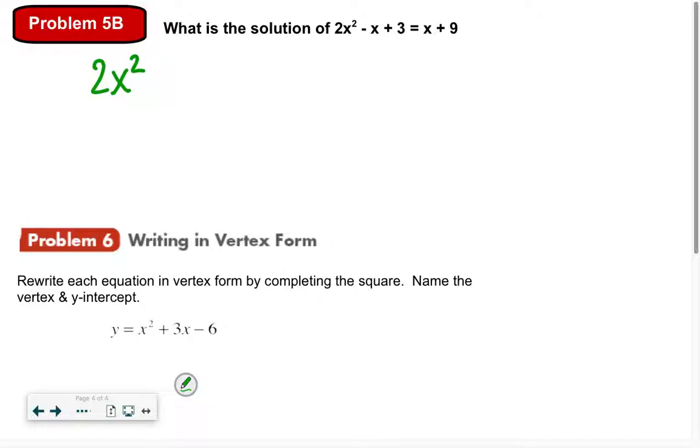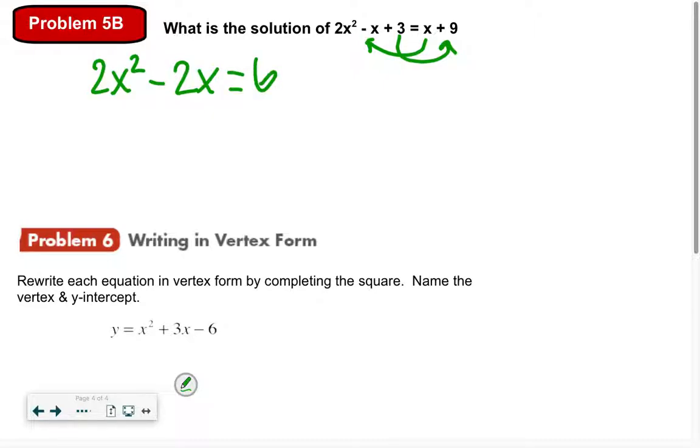If I move this over, how many x do I have? Negative 2x, right? Negative x minus x gives me negative 2x. I want to move my constants to the right. What do I have over there?